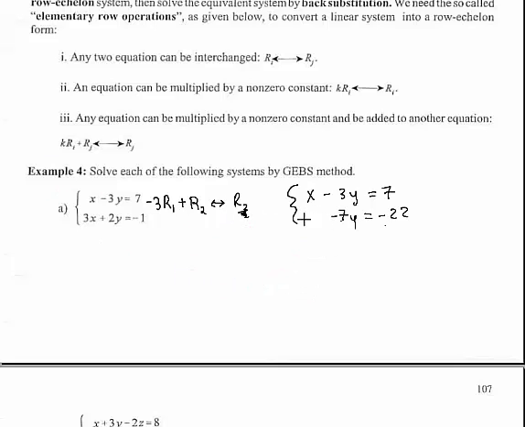Alright, having a 0x in the second equation means that I no longer have an x variable in that equation, and so at this point we're ready for back substitution.